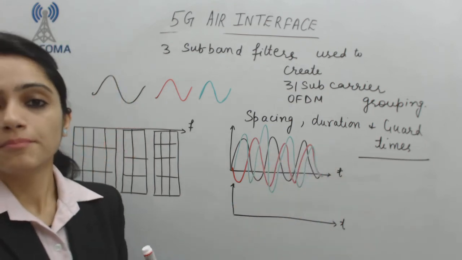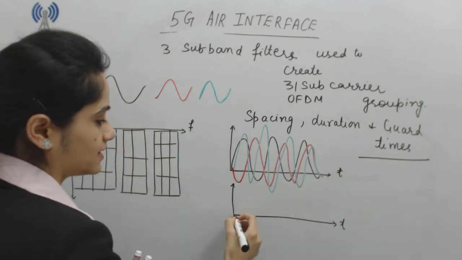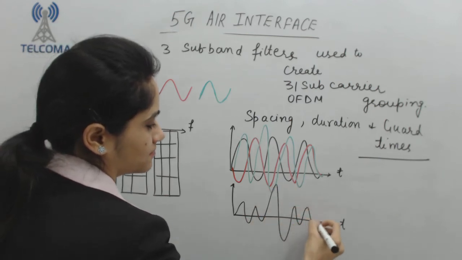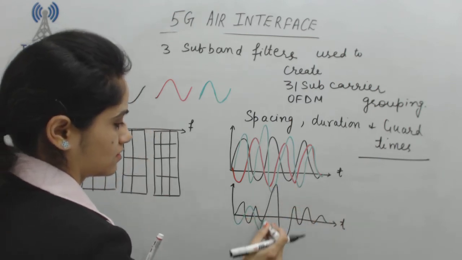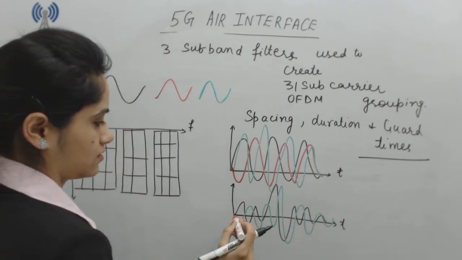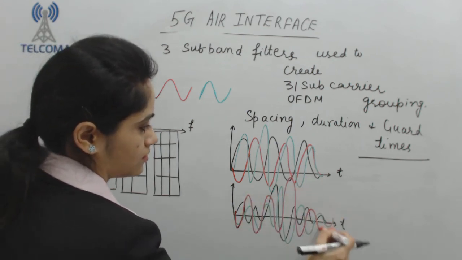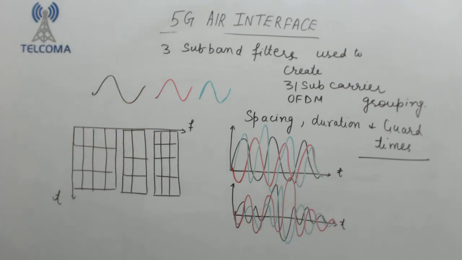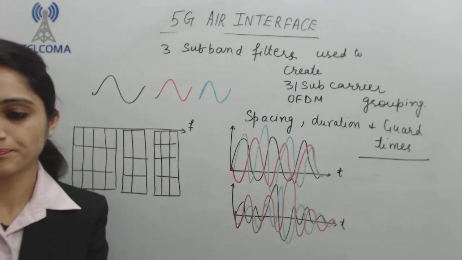Their amplitude may change, their amplitude may vary. So this is my filtered OFDM.